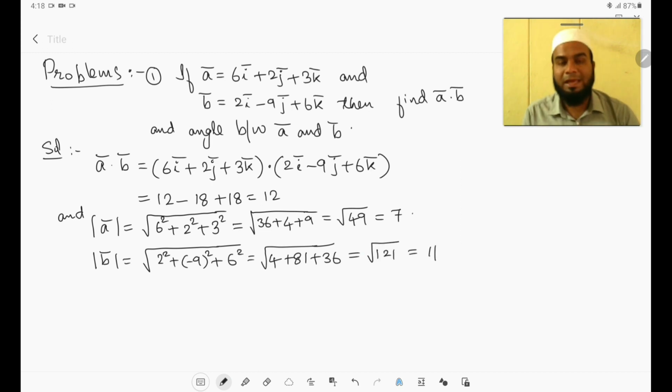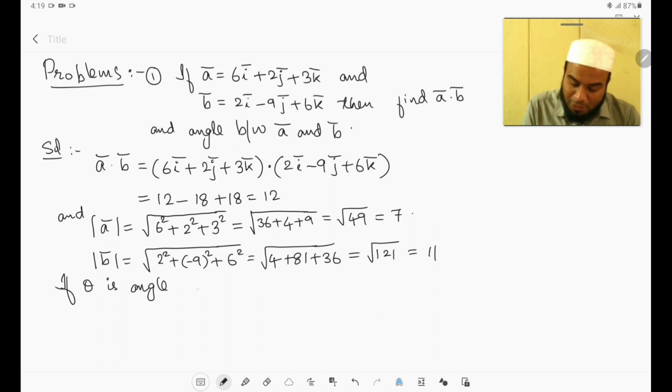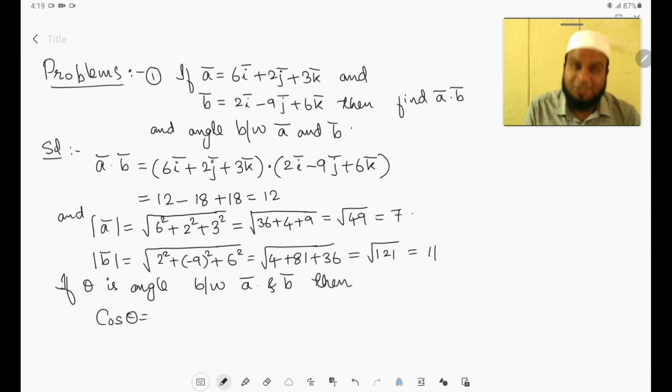So we got a bar dot b bar, and also mod a bar and mod b bar. Now if theta is the angle between a bar and b bar, then according to the formula, cos theta equals a bar dot b bar by mod a bar into mod b bar.